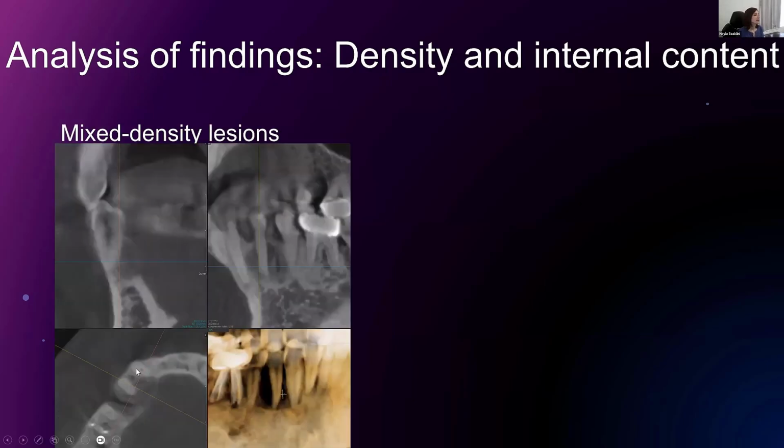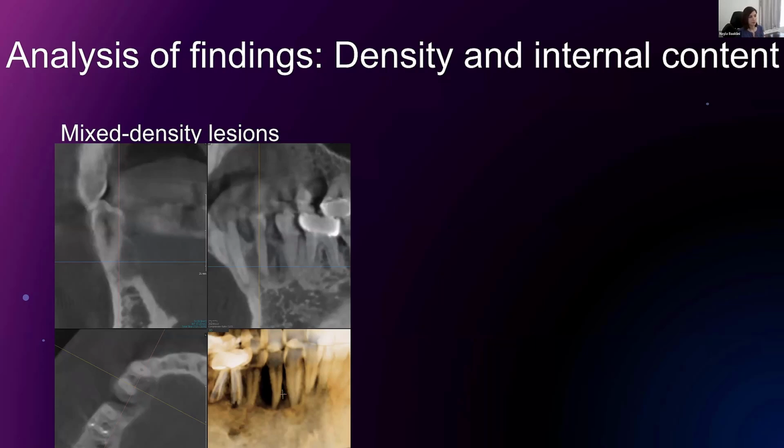This is a case on the right mandible around number 28. We can see again a corticated lesion, as Dr. Bukhari mentioned before, with internal homogeneous content. We have granular density and we have some lower density areas. Now, this low density area here is where they actually biopsied. This lesion also is circular and has a circular manner of expansion.